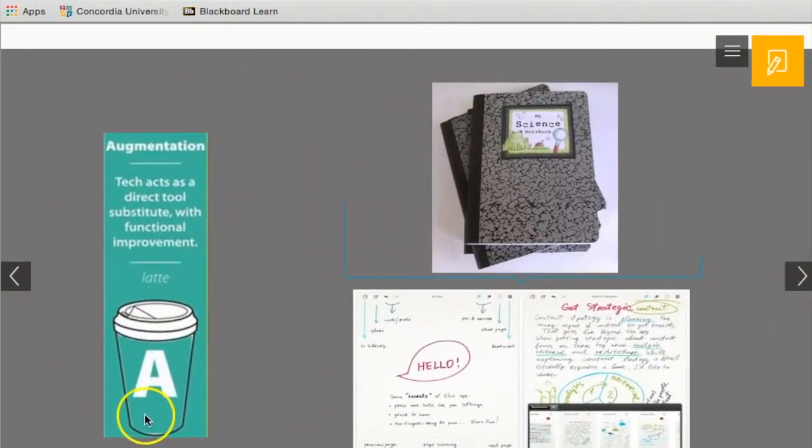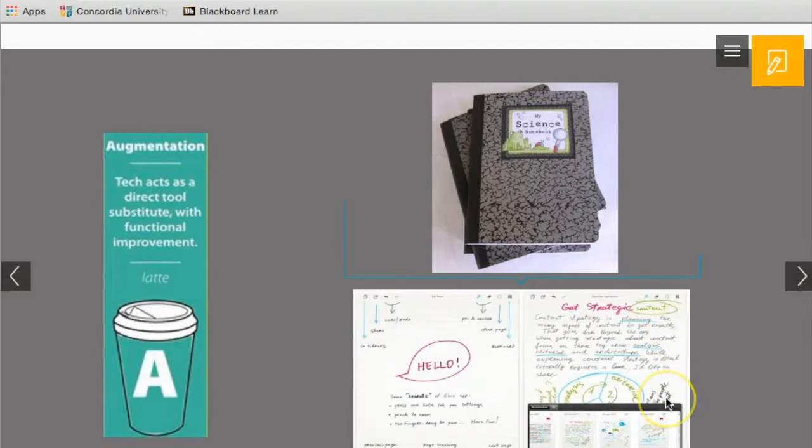For augmentation, tech acts as a direct tool substitute with some functional improvements. So now we're going from a normal cup of joe to a latte. At Cedar Park, we're a STEM school and we do a lot of work in our science notebooks. One way to augment what we do using technology is that there are quite a few iPad apps out there that functionally act as a science notebook, but these tools allow you to augment writing in a journal.